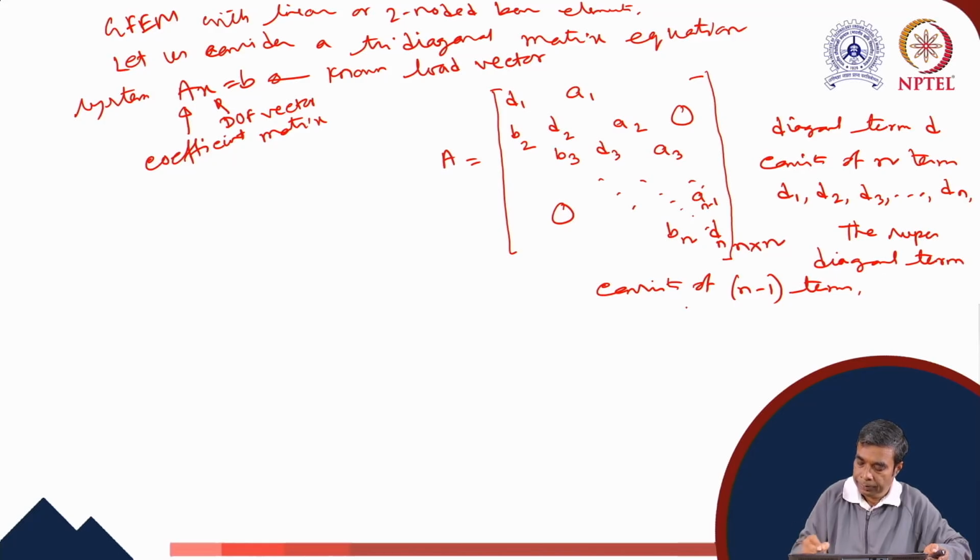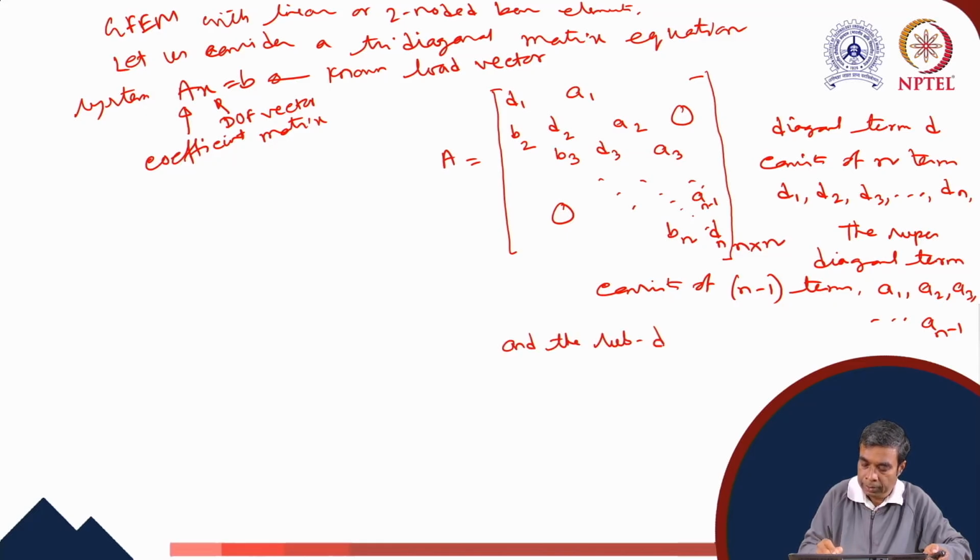They are A1, A2, A3 up to An minus 1, and the subdiagonal consists of n minus 1 terms B2, B3 up to Bn.